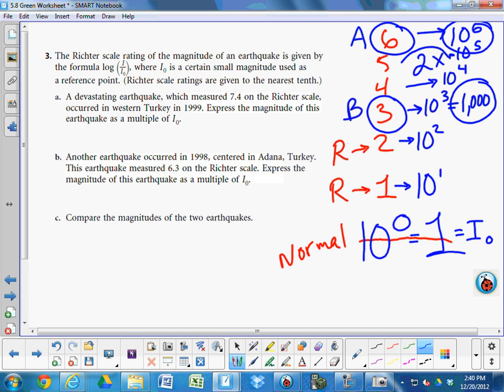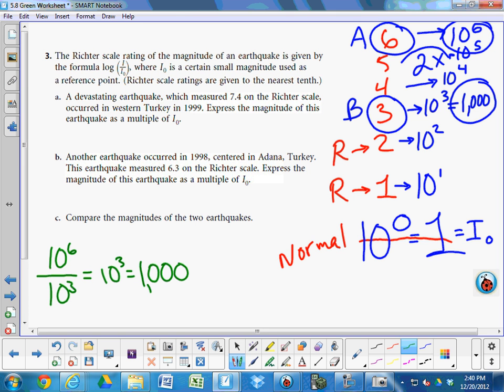You don't just divide 6 by 3. You divide what? 1,000,000 by 1,000. Or if you know your exponent rules, divide this by that. What do you do with exponents? Subtract. So a Richter scale rating of 6 would be 1,000 times the strength of a Richter scale rating of 3.